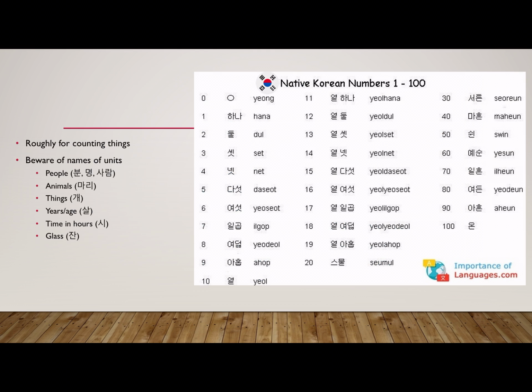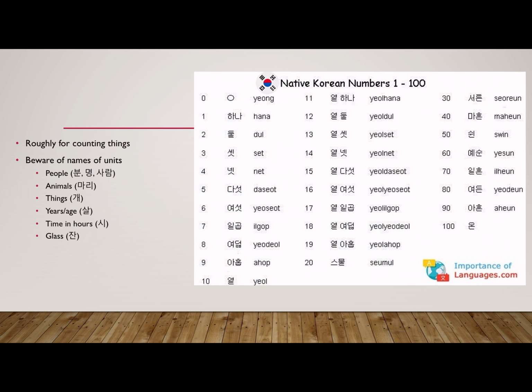So when do you use each? There are no hard and fast rules. But my understanding is very roughly, you're going to use the native Korean numbers when you're counting things. So when you're saying how old I am, you are basically giving them a count of your years.